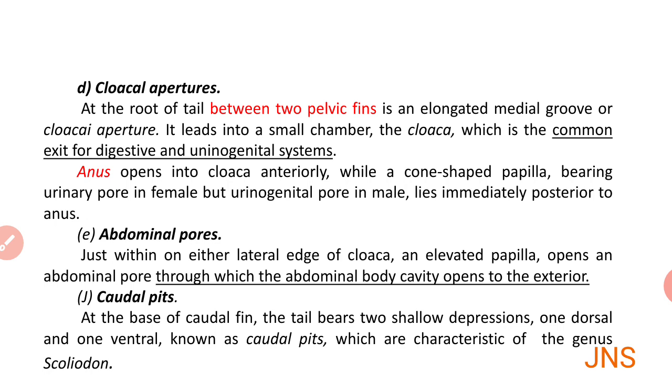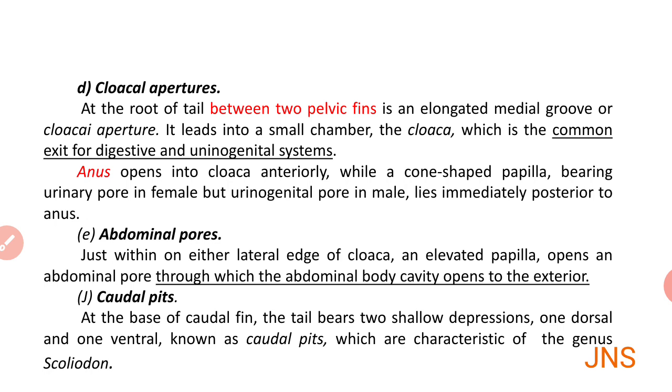Some other apertures are also found on the body of the Scoliodon, one of which is the cloacal aperture. At the root of the tail between two pelvic fins, an elongated medial groove or cloacal aperture is present.